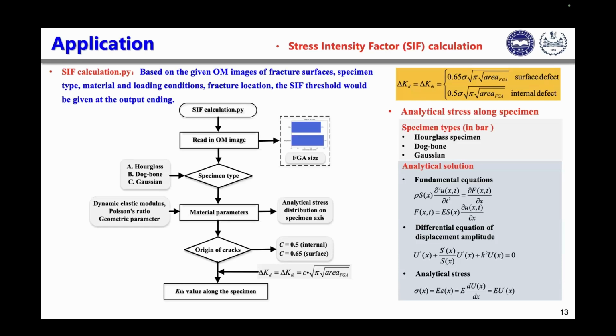And the former one can be obtained using our developed method, and this one can be obtained from the analytical solutions. So based on the given images, specimen types, and the material parameters, and judging the correct location, the safe threshold can be output in the end.